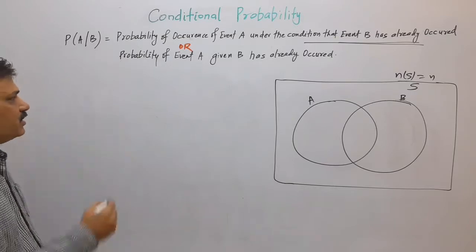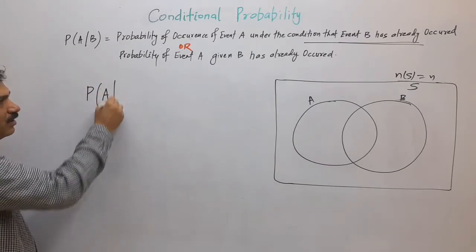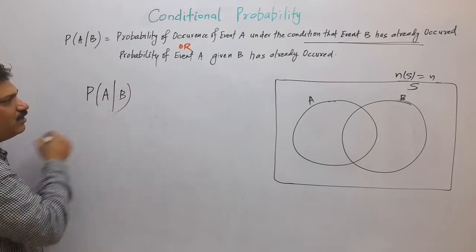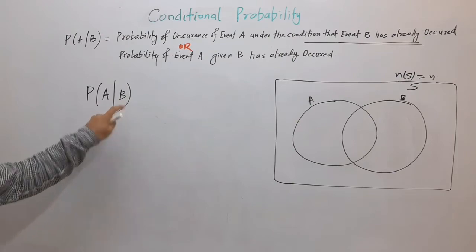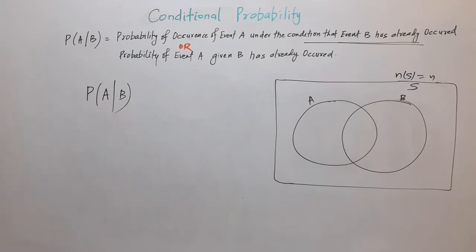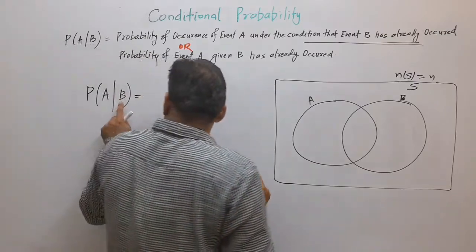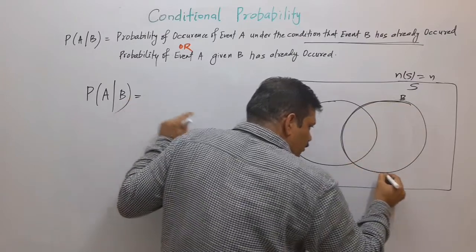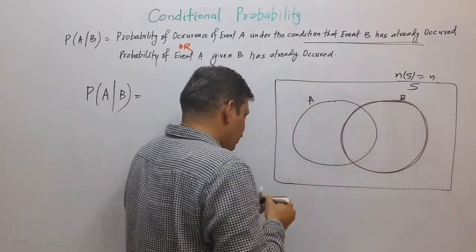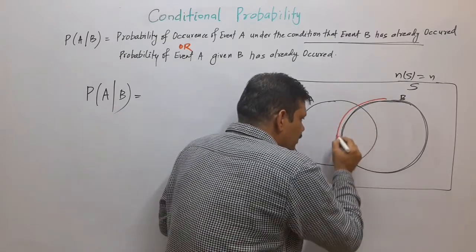Suppose we are interested in finding the probability of the event A happening when B has already taken place. That is the conditional probability of A when B has already taken place. As we discussed, our sample space will now be reduced to B. That means we will be considering only those sample points where B has occurred.